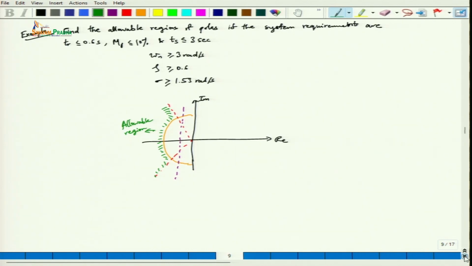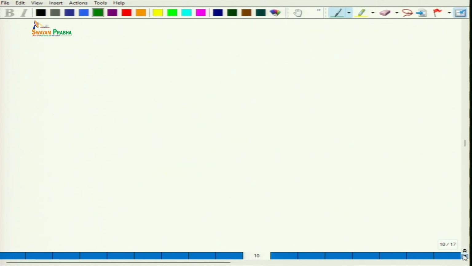So far what we have studied is for a second order system. Now what happens if we have a first order system? So let us consider a transfer function of the form sigma by s plus sigma.